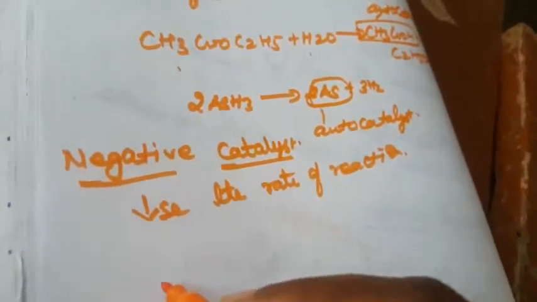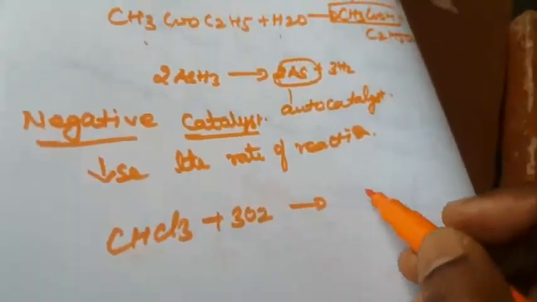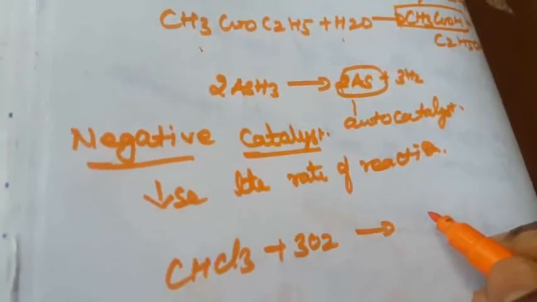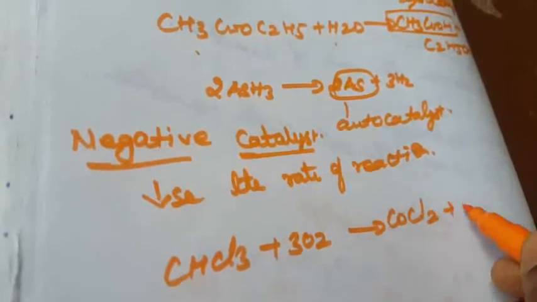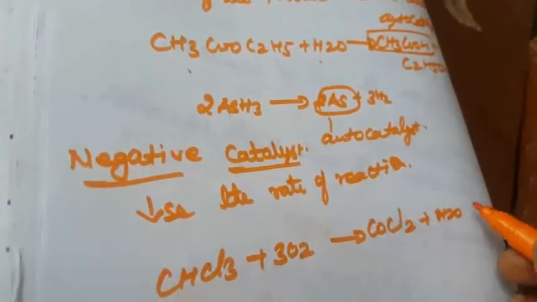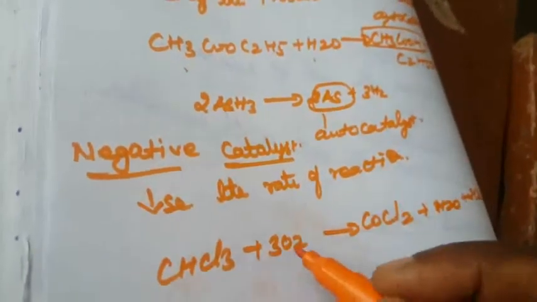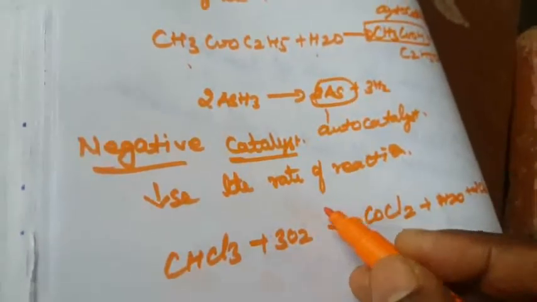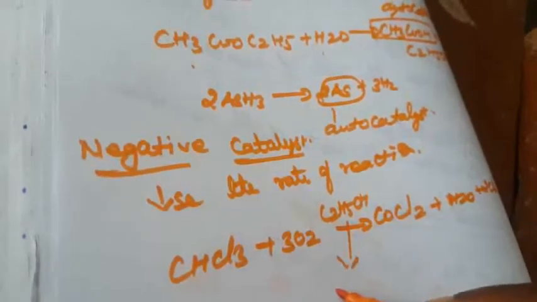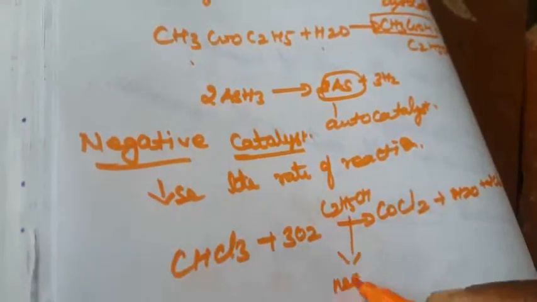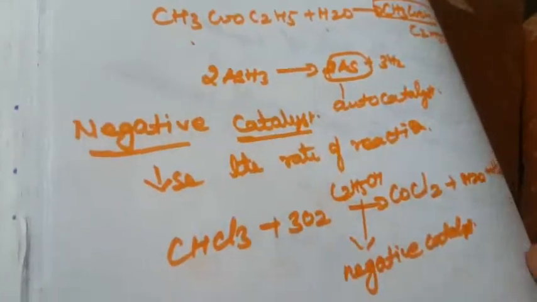Say for example, chloroform, CHCl3, when reacted with oxygen forms COCl2, carbonyl chloride, plus H2O plus 2Cl2. Ethanol is a negative catalyst for this reaction. So here we are adding ethanol, C2H5OH, which decreases the rate of the reaction. That is called a negative catalyst.